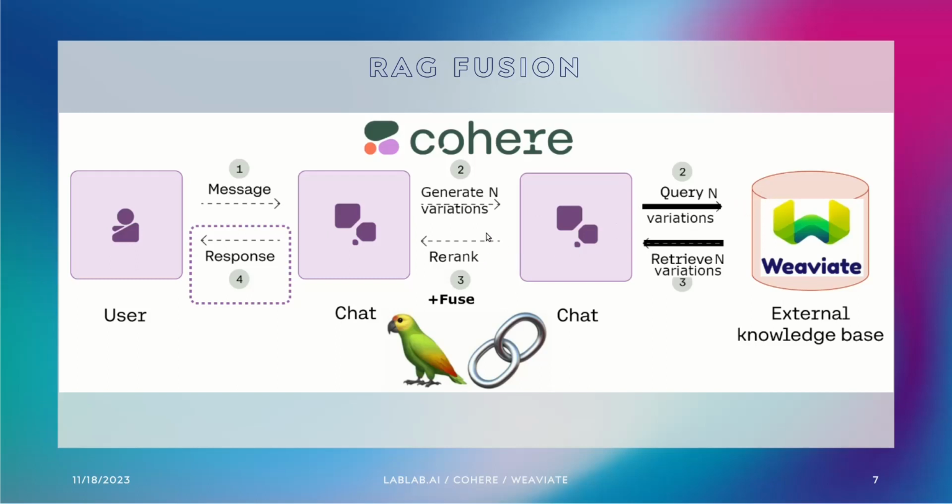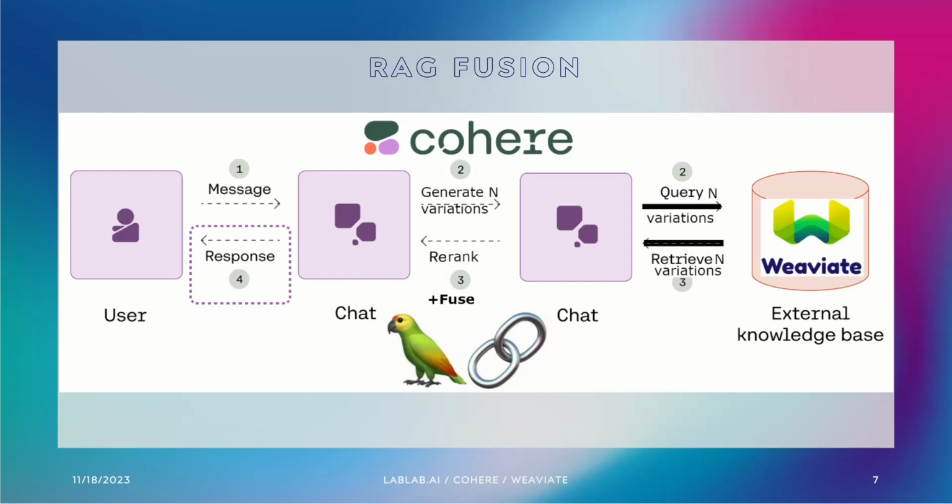Then we get that back, but then we need to do a re-rank and fuse algorithm to come up with one list. Then I take the top k of that list and perform the retrieval augmented generation with that, the prompt augmentation. So that's Rec Fusion in a nutshell.